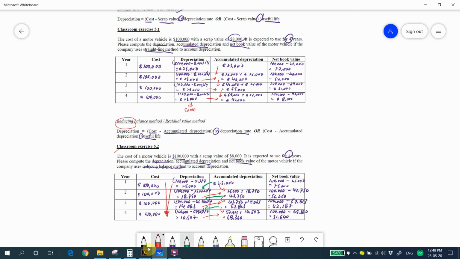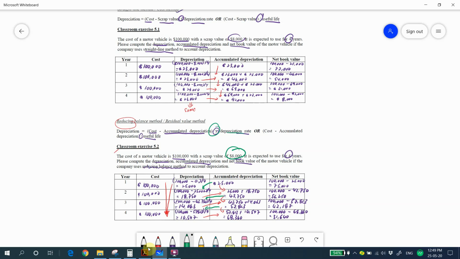And you may ask a question, sir, how about this 8,000? Why is this 8,000 not used in our formula? Let's look at the formula again. Depreciation is calculated by using cost minus accumulated depreciation and multiplied by the depreciation rate or divided by the useful life.